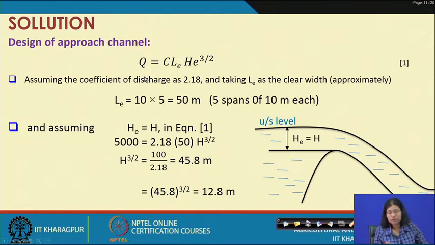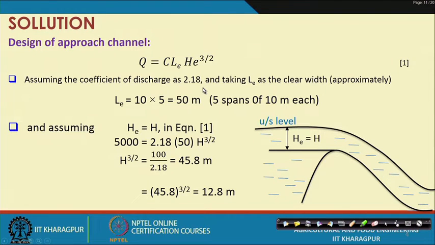We first calculate Q using this equation. HE is the total height, the combination of design height as well as the velocity of approach, assuming the coefficient of discharge as 2.18 and taking LE as the clear width, which is again an approximation.